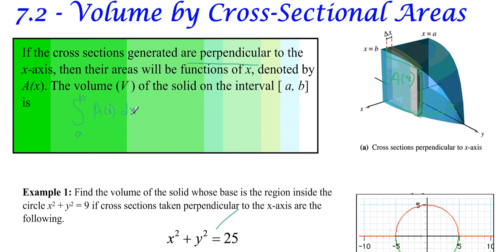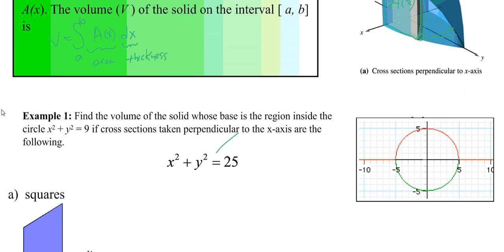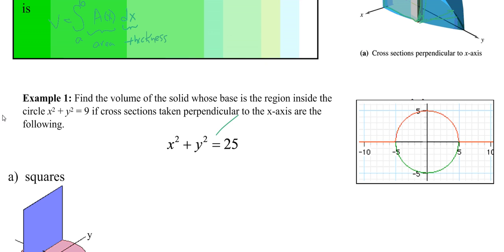So a fairly simple formula, and this will be our volume. A(x) represents the area of that cross-sectional piece, and dx is the thickness. So if I take area times thickness, we get volume. That's the main idea.